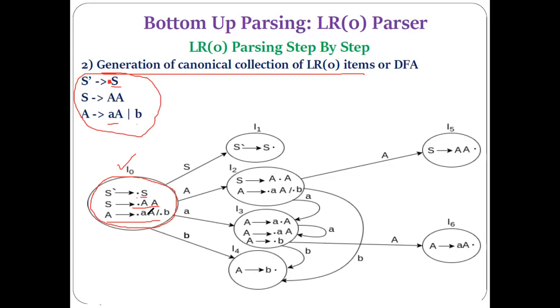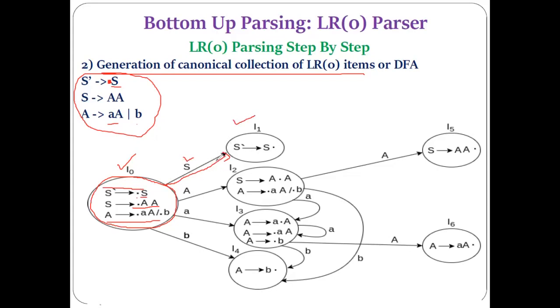Then next we have to apply the goto operation. Now goto, I have told you, is moving from one state to another. Here we apply the goto on the non-terminal S, and you go to another state, that is I1.